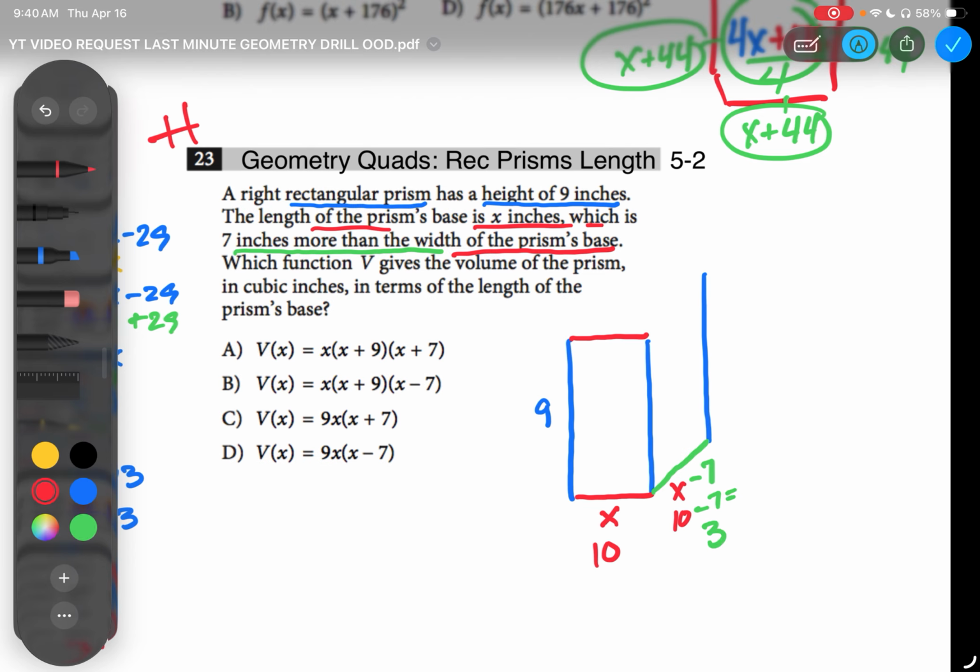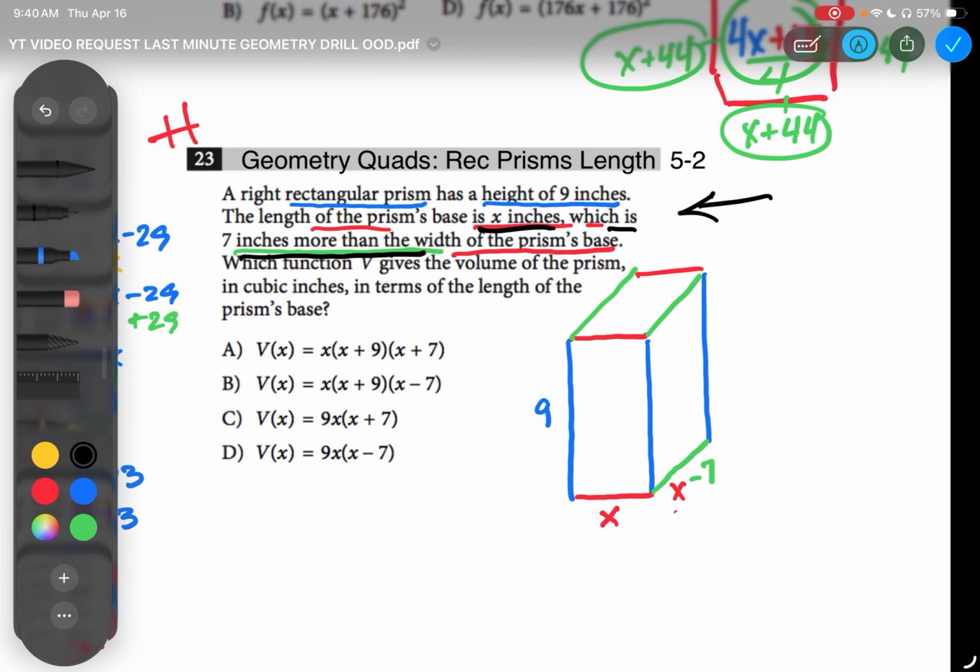So based on what they told us, x is 7 inches more than the width. So is 10 7 inches more than 3? Yes. So therefore, you're dealing with x for the length, and the width is x minus 7. Isn't that dirty? Most students would say x plus 7 because of the way the question is worded, but it's not that. They're playing games with you.